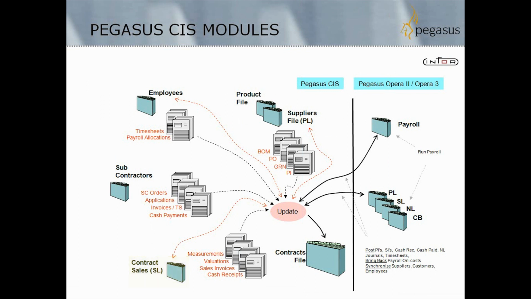We have a subcontractors ledger and a purchase ledger that allows us to capture purchase orders and subcontractors orders and post committed costs into the contract that then get converted to actual costs as the related invoices flow in. We have a timesheet system that allows us to record all the time and post those costs through to the contract, and any other costs that are being collected are posted directly into the contracts file. Pegasus CIS is a contract costing system.